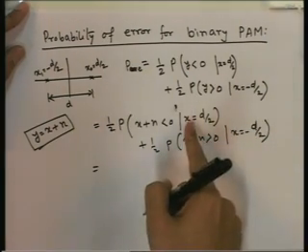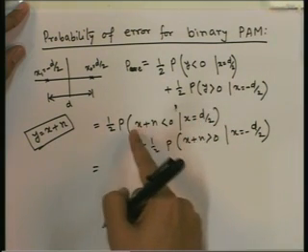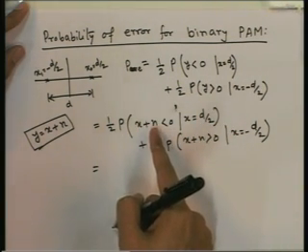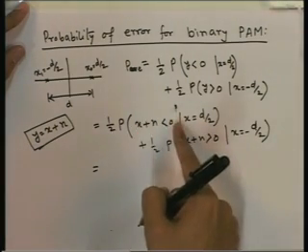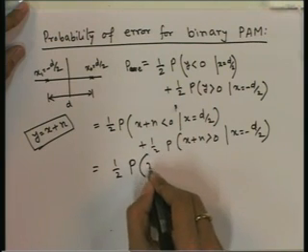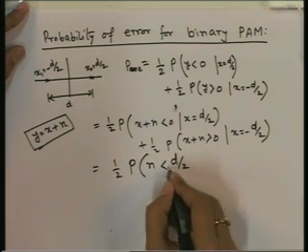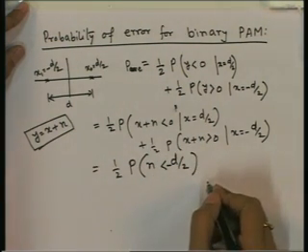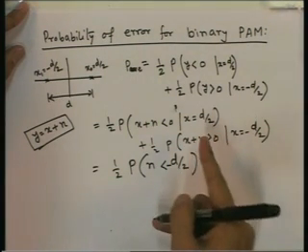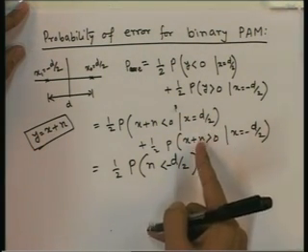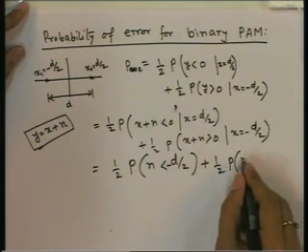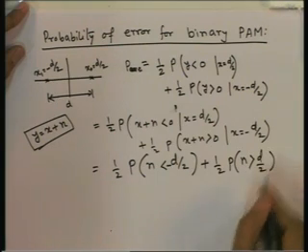If the x value is d by 2, when will this happen? X plus n is less than 0 when n is less than minus d by 2. So, this is half probability n less than minus d by 2. Then if x is minus d by 2, the probability of this is the probability of n greater than d by 2.